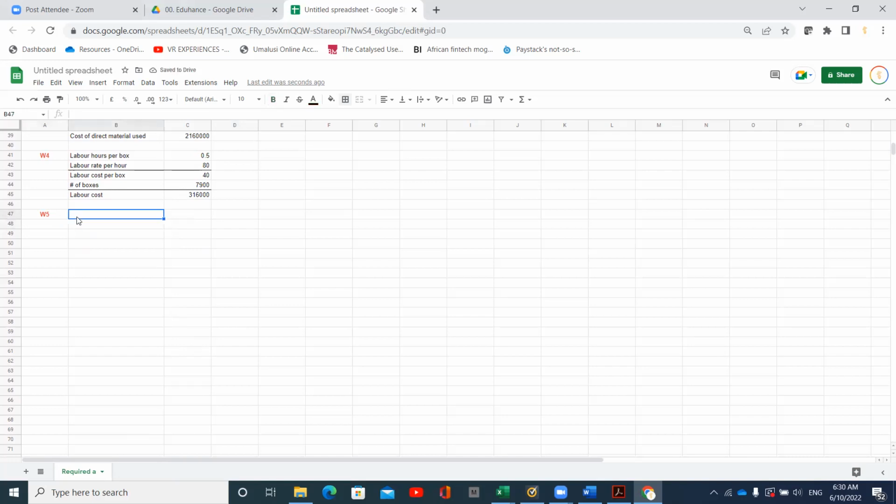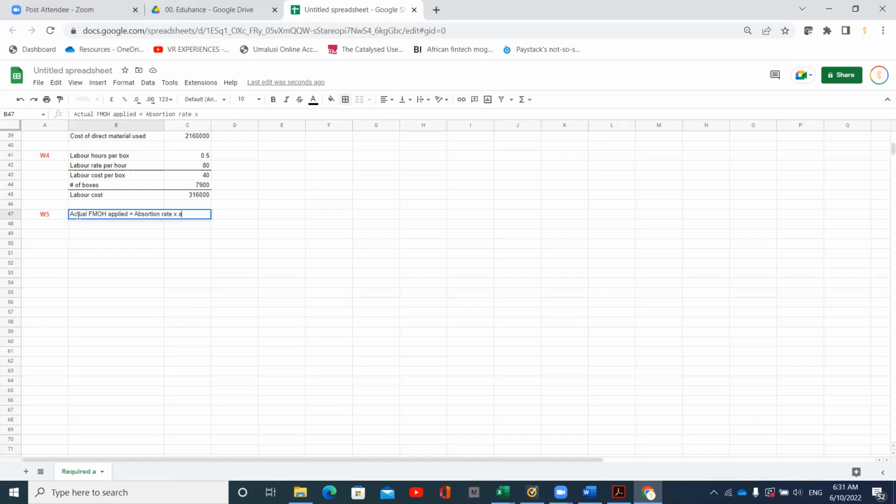Fixed manufacturing overheads applied equal absorption rate, or overhead rate, multiplied by actual activity. So absorption rate, overhead rate, fixed overhead rate, predetermined overhead rate, same thing.